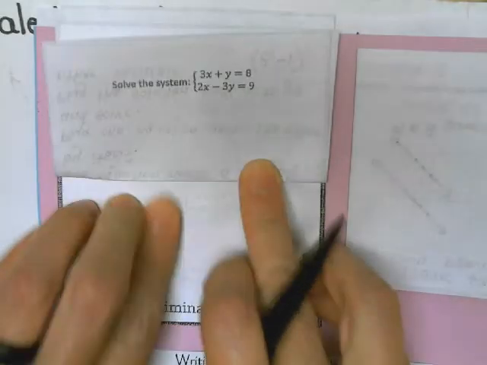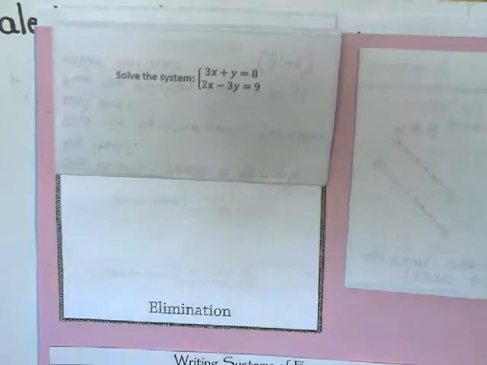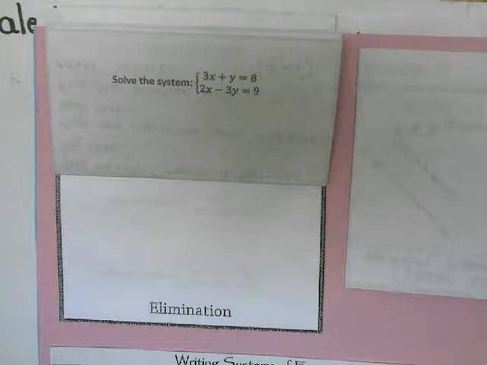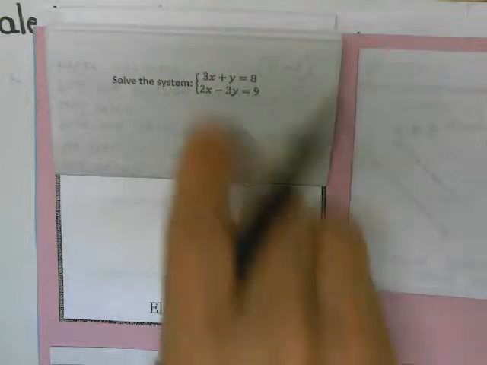All right. Elimination is also a combination. You could use matrices with it. You can use either one. Elimination, you really need opposite coefficients. So one needs to be positive, one needs to be negative, and they need to be the same number.